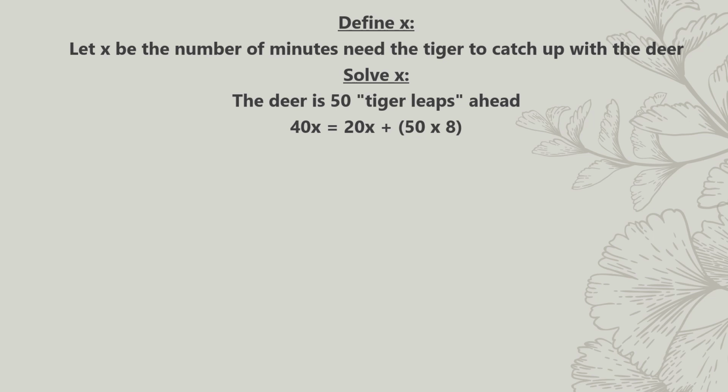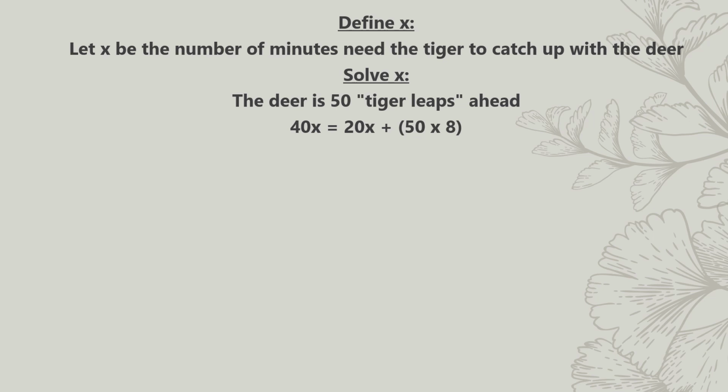So we need to calculate the time. Let x be the time taken by the tiger to reach the deer's position. We need to add the deer's head start, which is equal to the tiger's time.